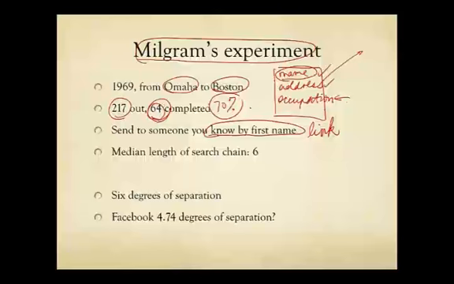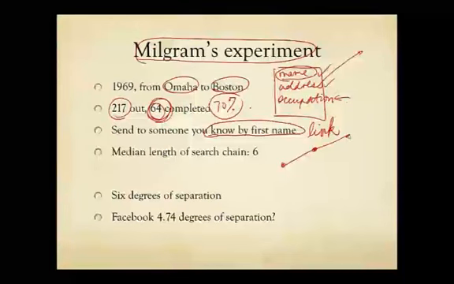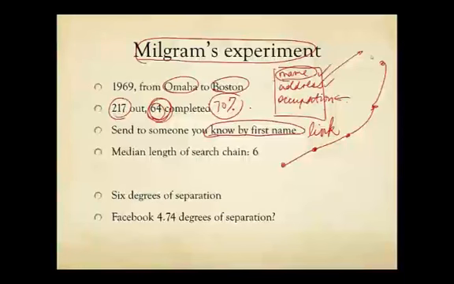Okay, so if you look at this list of letters that completed, and then count the number of hops it takes to reach this final destination, and then you look at the histogram of that list of numbers, you see actually it's quite a small number.